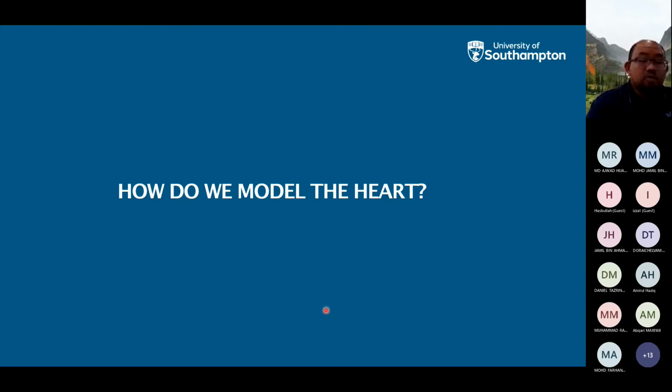And now we're going to go through the boring part, or the mathematical part of it, but I try to tone it down as much as I can. So how do we model the heart? Just now we have looked at all the main things that we need to know about the heart. Now, how do we model the heart?